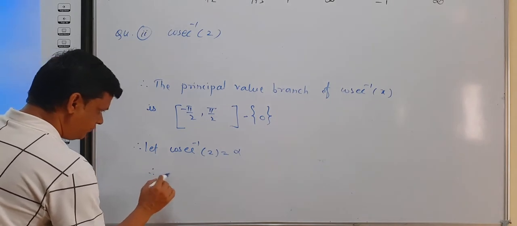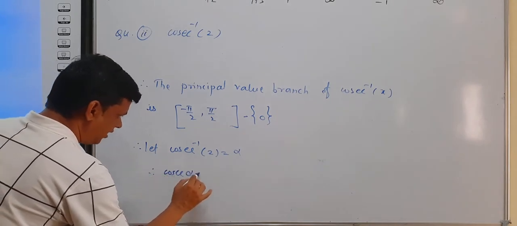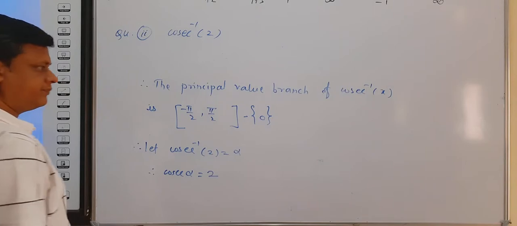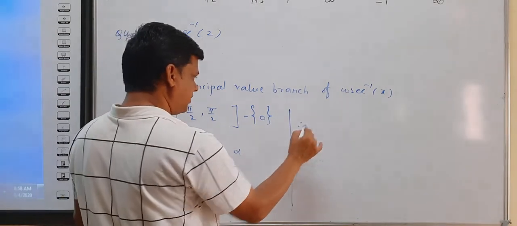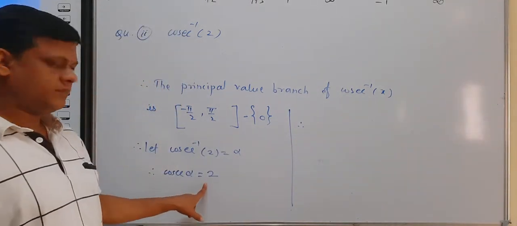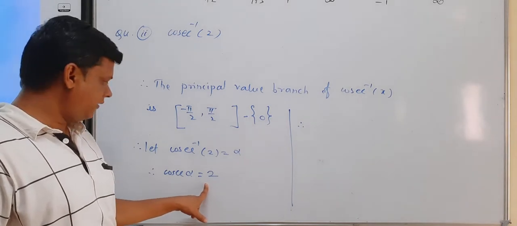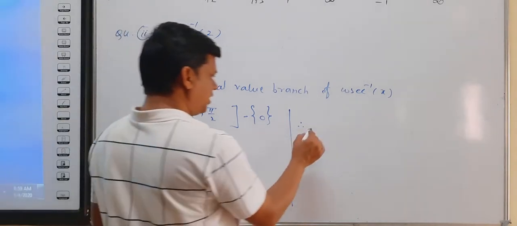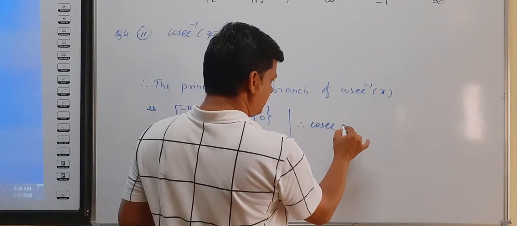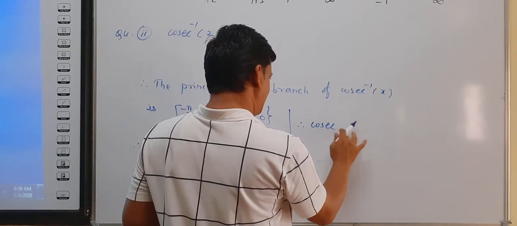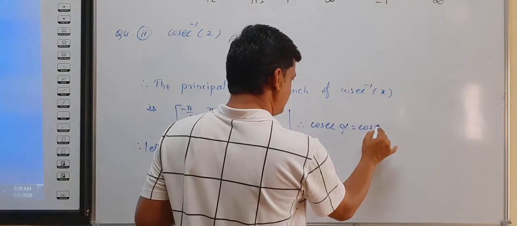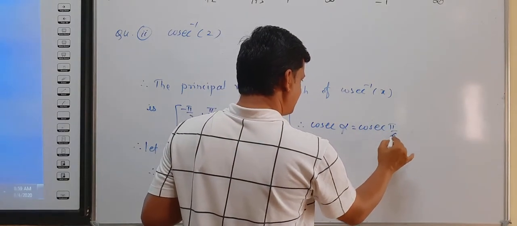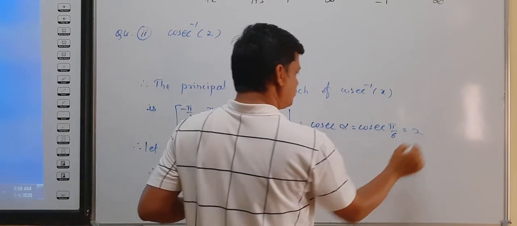Therefore cosec alpha equals 2. Therefore we know for angle 30, that is for pi by 6, cosec is 2. Therefore cosec alpha equals cosec pi by 6 equals 2.